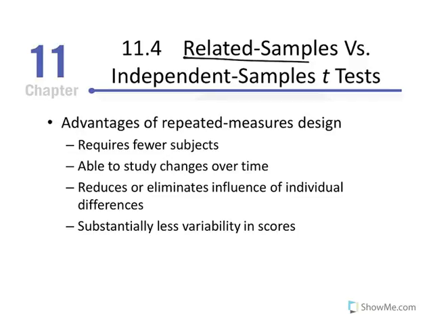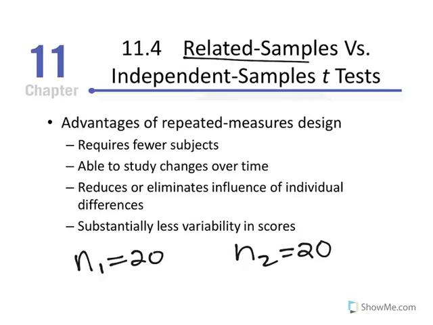Next, it reduces or eliminates the influence of individual differences, and this is a very important advantage. It reduces the likelihood that when we're using independent samples, so we select two samples made up of 20 individuals, for example sample 1 equals 20, sample 2 equals 20, and we're testing the effects of a tutoring program, measuring GPA after the tutoring.